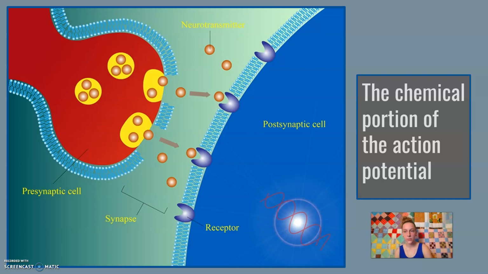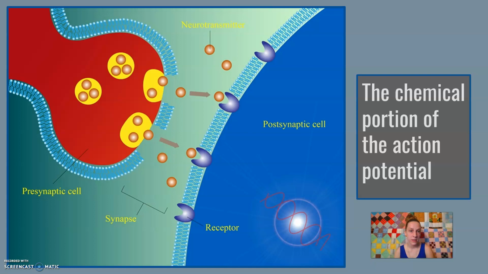Next we have the chemical portion of the action potential. Here we have a presynaptic cell and a postsynaptic cell, and in between is the space called the synapse. On the postsynaptic cell there are receptors, and here we have little packages called vesicles that carry neurotransmitter across the synapse to these receptors on the postsynaptic cell.